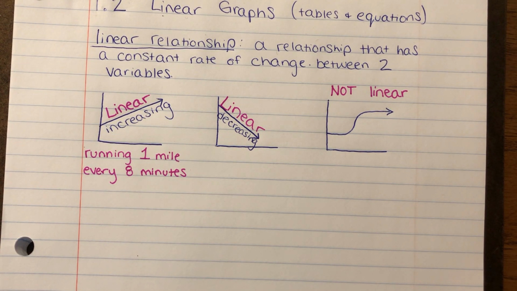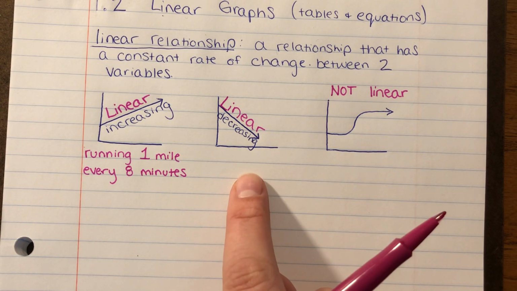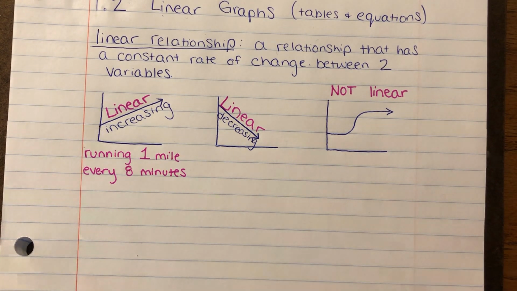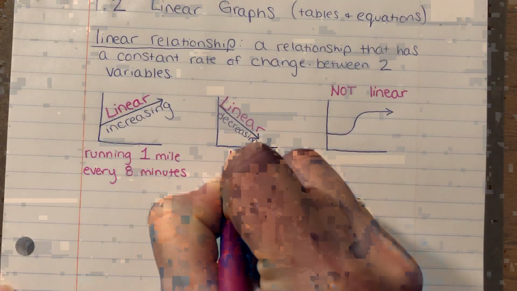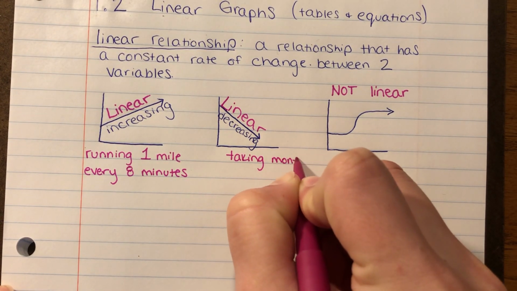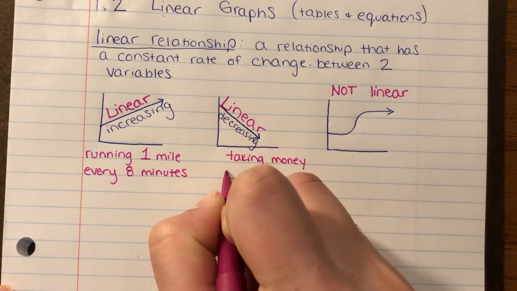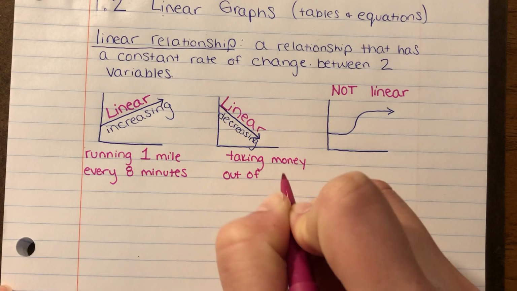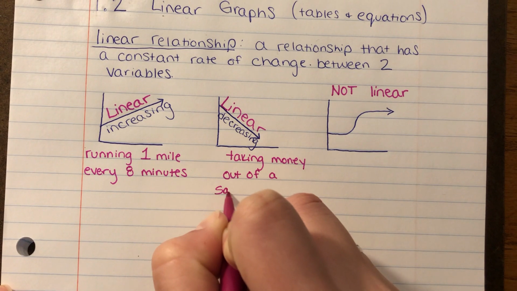A decreasing linear example, we're going to write it right under here under this graph, would be something like taking money out of a savings account.